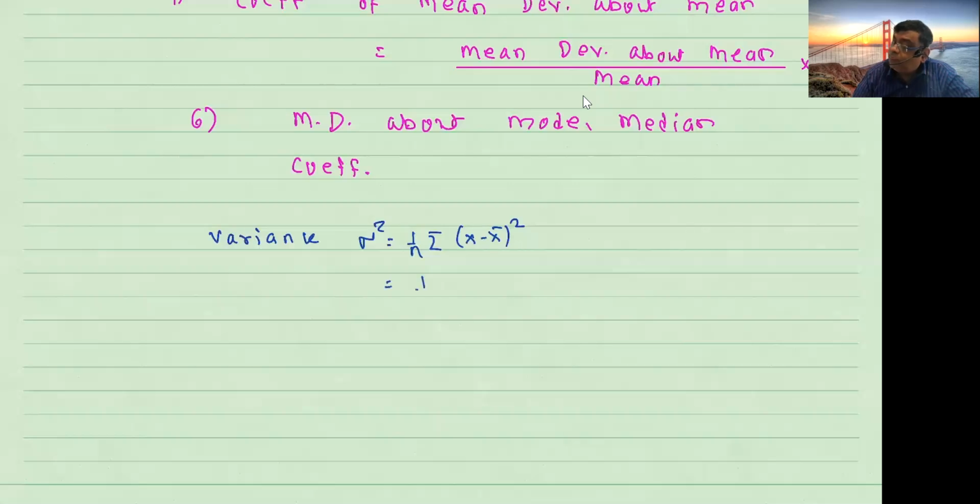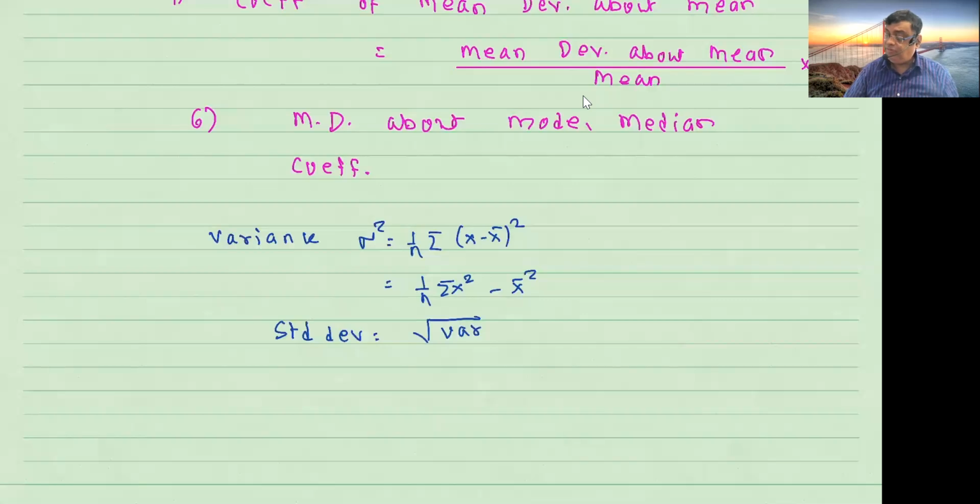But I can also say that this is 1 upon n summation x square minus x bar square. Standard deviation is the root of variance.